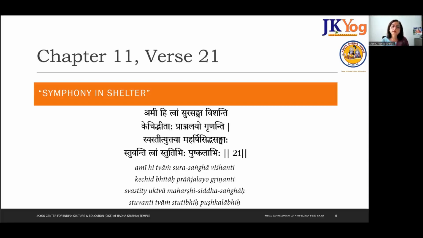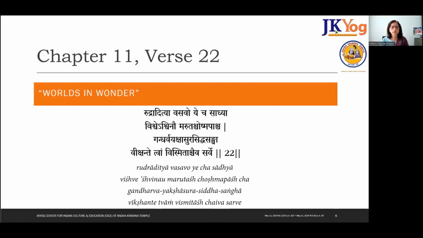Amihi tvam sur sangha vishanti kechid bhita pranjalyo grinanti swasti pyuktva maharshi siddha sanghaha stuvanti tvam stutibhiv pushkalabhihi. Rudraditya vasavo ye cha sadhya vishve vinau marutaschosma pascha gandharva yaksha surasiddha sangha vikshante tvam vismitaschaiva sarve.